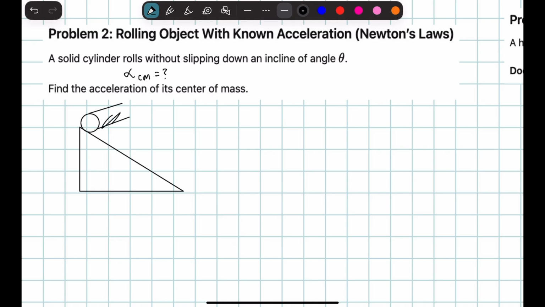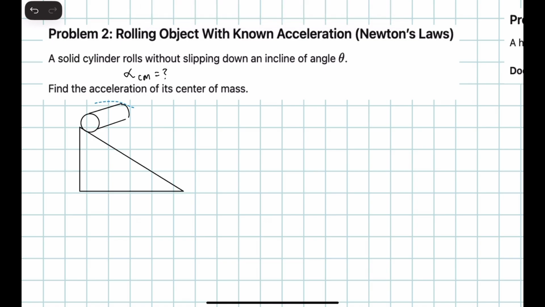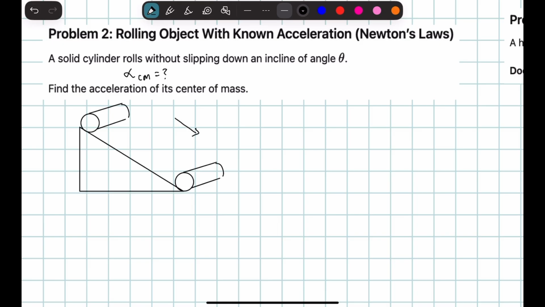So let's say that the cylinder looks like this, and you want the center of mass. The forces acting along the incline are mg sine theta minus f is equal to ma.